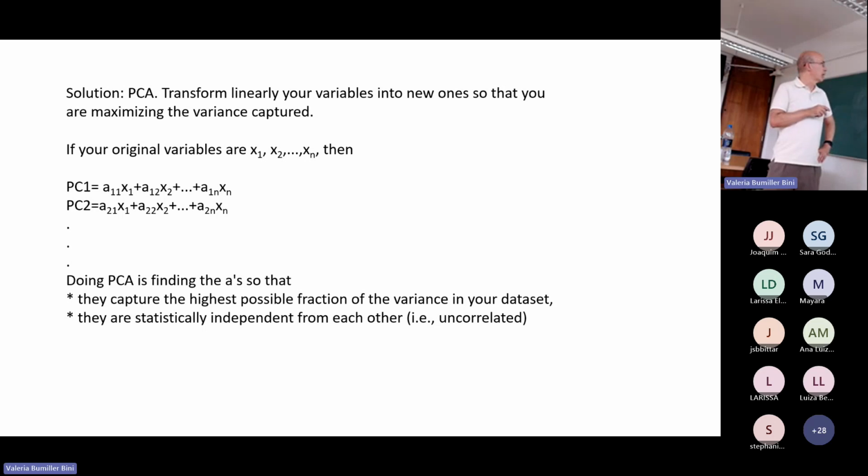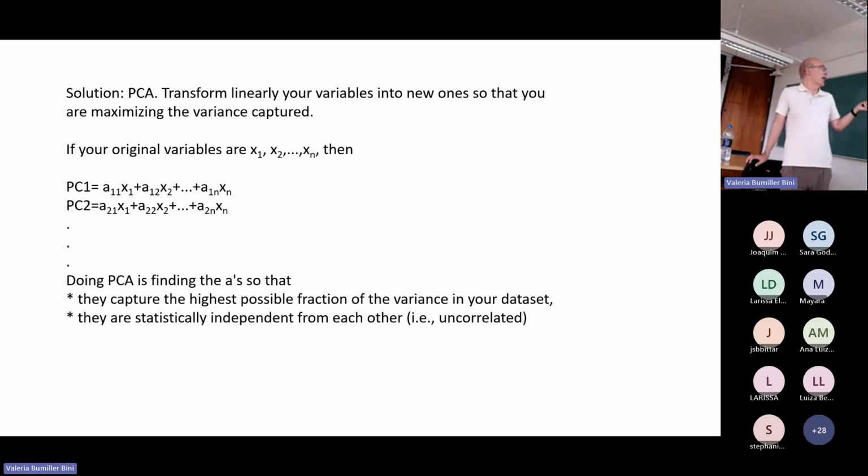We will compute the A's, so that with these multiplications and sums, there's nothing fancier than that. No integrals here. We will get principal component 1, which is, as you see, a linear function of our original variables. But of course, you could invent as many different A's as you want.